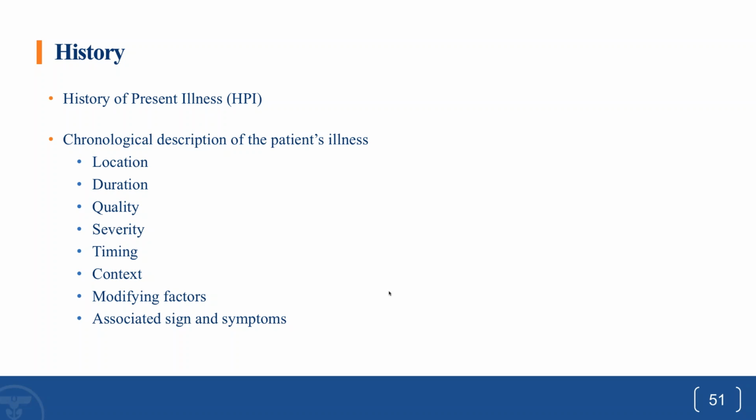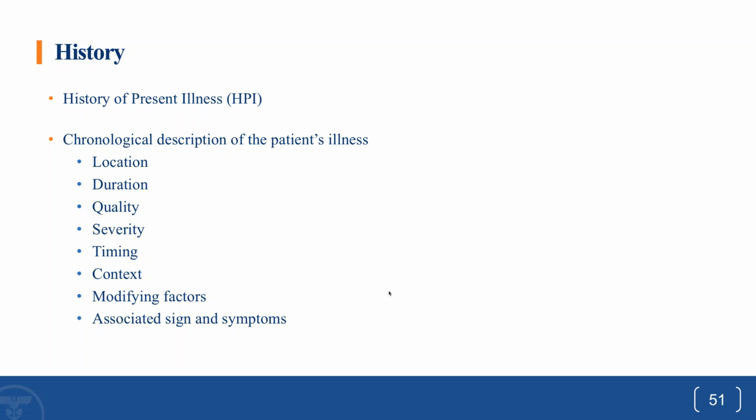Okay, so those are how many things? 1, 2, 3, 4, 5, 6, 7, 8. So there's 8 components of the HPI. Right? 8 components of the HPI.